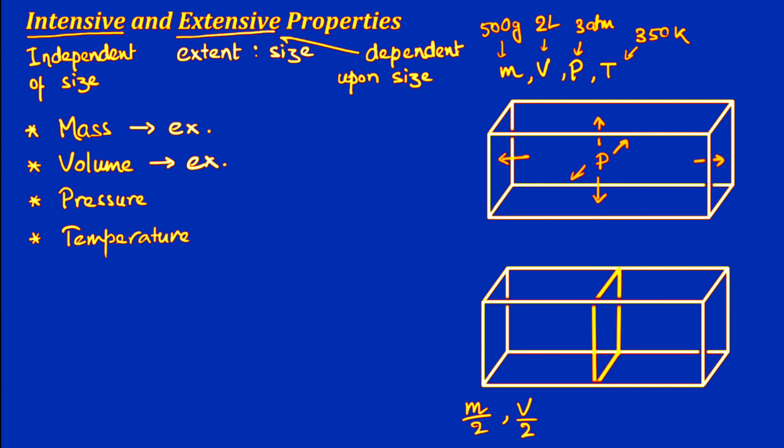But if we closely see, in sample A it is exerting the pressure P. No doubt we have divided sample B into 2 parts, but it is exerting the same pressure on the walls from each side, and that pressure is P. That means the pressure is not size dependent, it is a size independent property, because the same pressure is exerted on the other part of the sample.